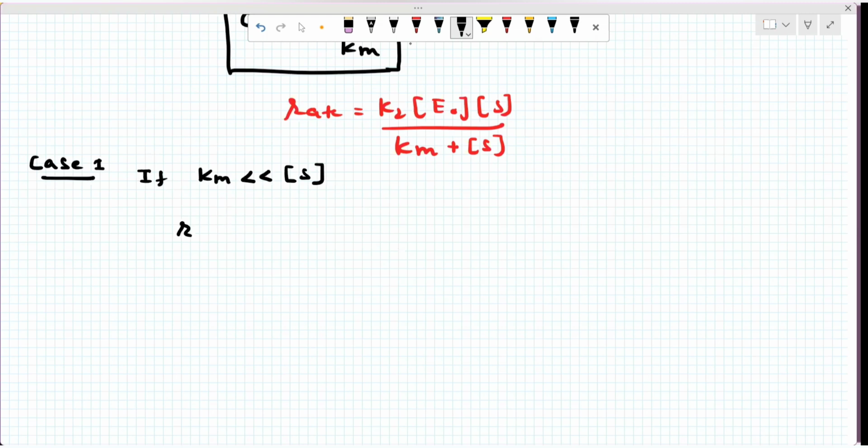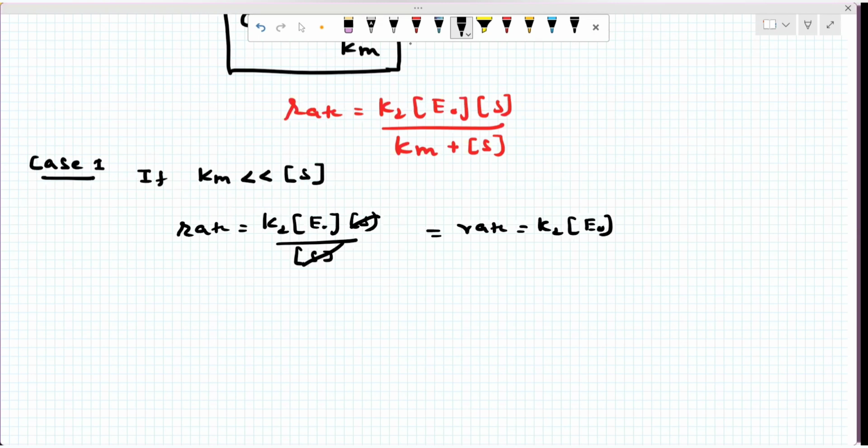That is a rate is equal to K2 into E naught into S by S, cancel. Therefore, a rate that equal to K2 into E naught. Now you know what is K2 into E naught? R max. Therefore, in this case, the rate that equal to R max.